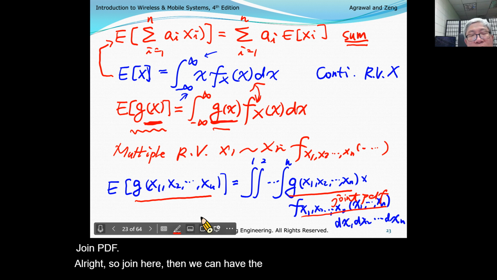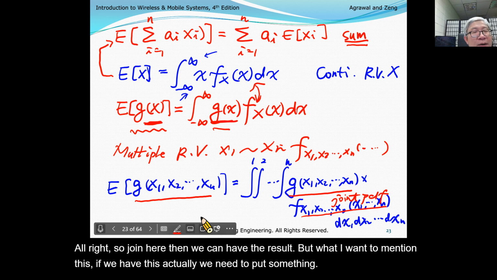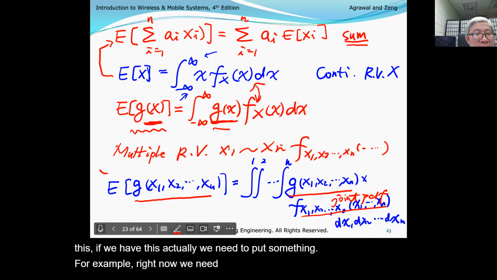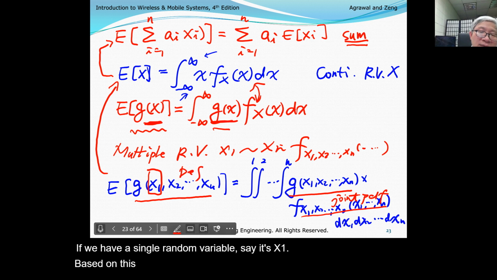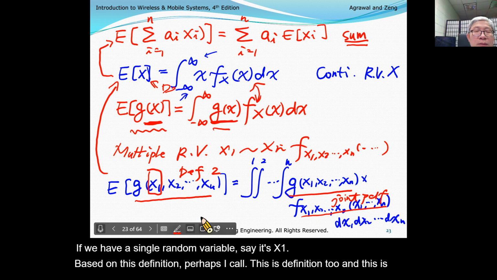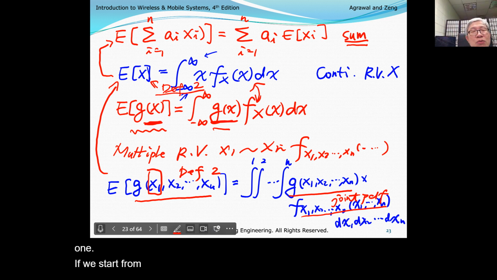But why I want to mention this: if we have this, actually we need to check something. If we have a single random variable, say it's X1, based on this definition, perhaps I call this definition 2, and this definition 1.